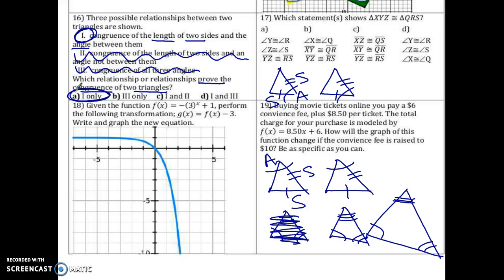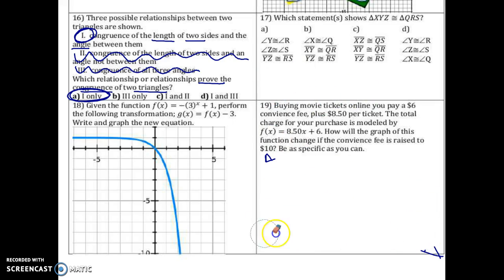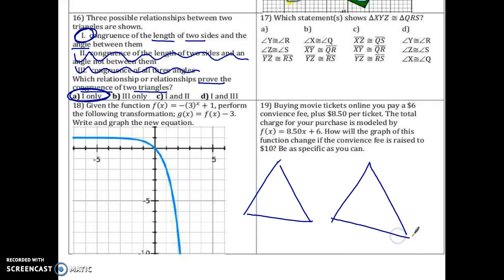Okay, 17, which statement shows that the 2 triangles are congruent? So we have to go through these each one by one and see what works, because we could have more than one answer. So if I draw out 2 triangles and it says X, Y, Z, and Q, R, S. And it says angle Y and R are congruent.